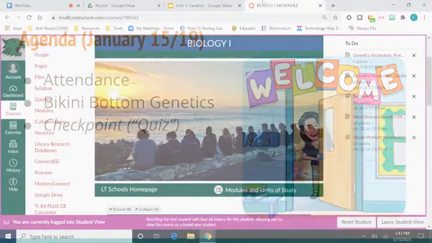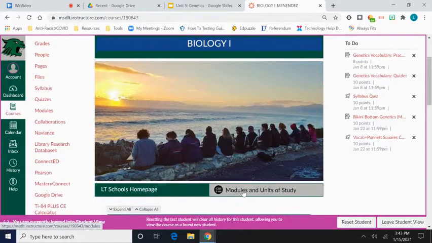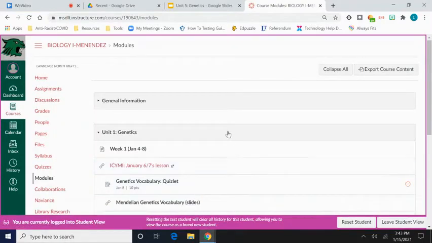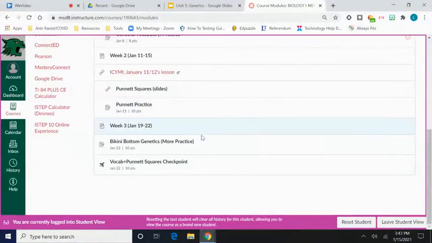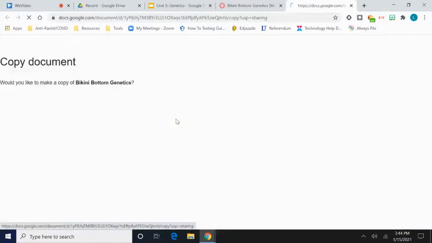That sort of stuff. So moving to our Canvas page, you can find this under modules. So it is going to be under week 3, even though for green days it was Friday of week 2, but week 3, bikini bottom genetics, more practice. So you're going to click on this link and it's going to make a copy.